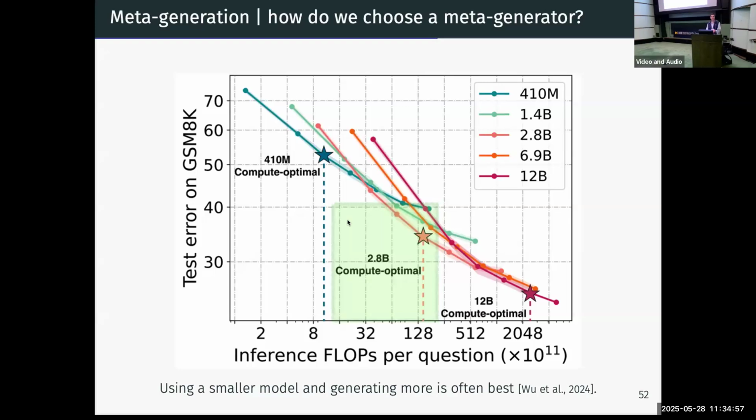And so potentially you actually want to use a smaller model with a more advanced inference strategy in that case. What we did find though is that to get the absolute best performance, at least here, it's still beneficial to use the largest model and generate as much as you can, which is maybe kind of intuitive.